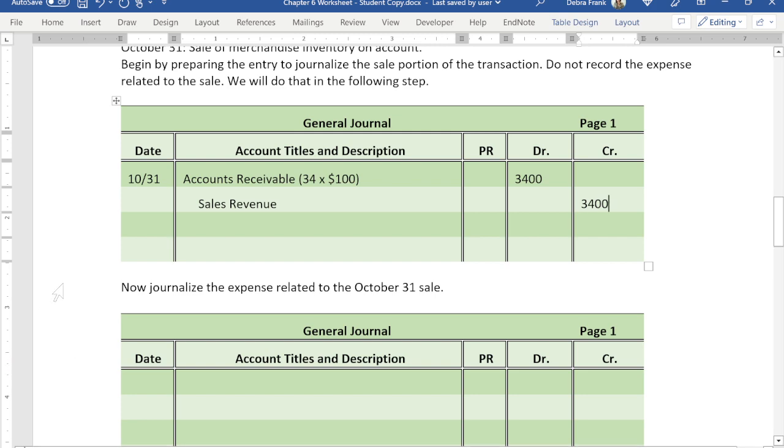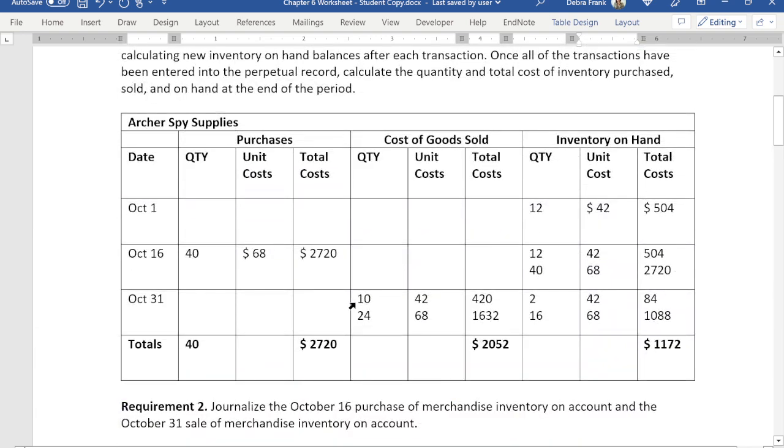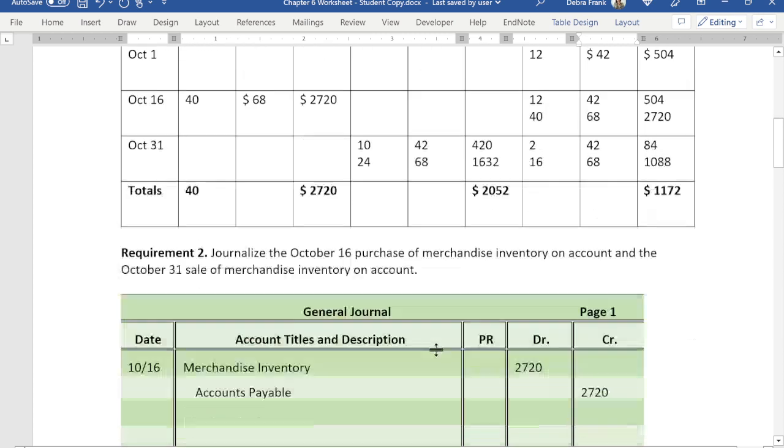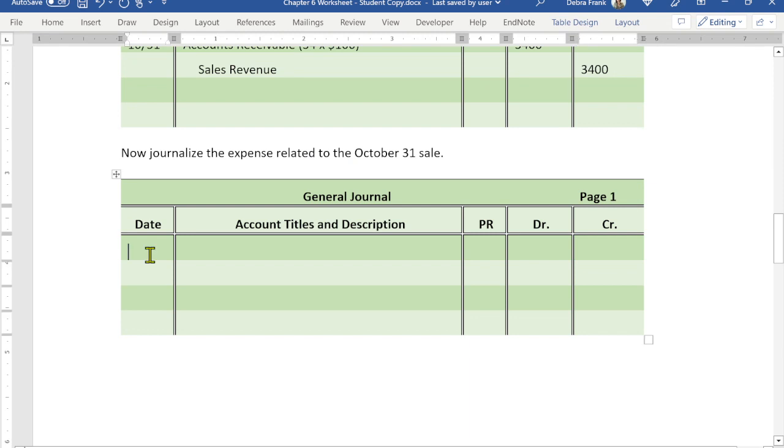All right, now we're going to do the cost. The cost of those 34, we had specific identification for them. 10 were at 42 and 24 were at $68, and both of those added together is 2,052. So we're going to record our debit to cost of goods sold. That's our expense, the cost of those goods.